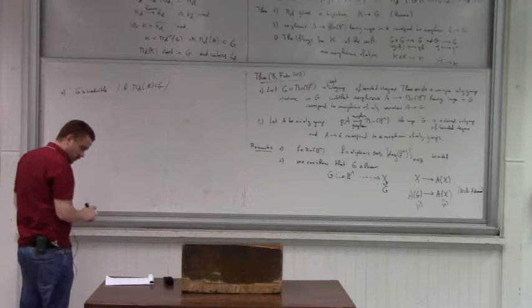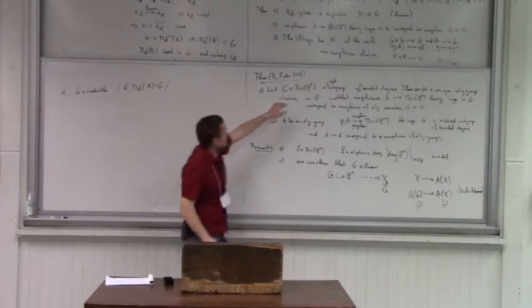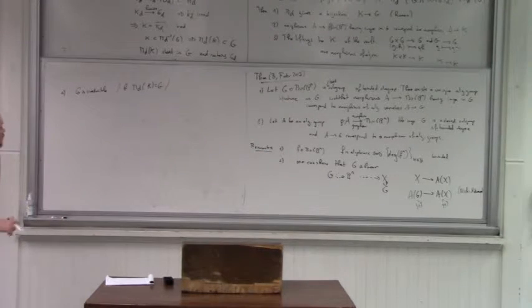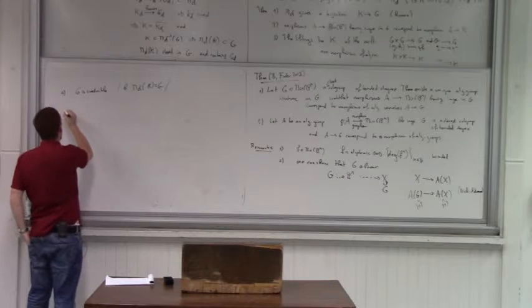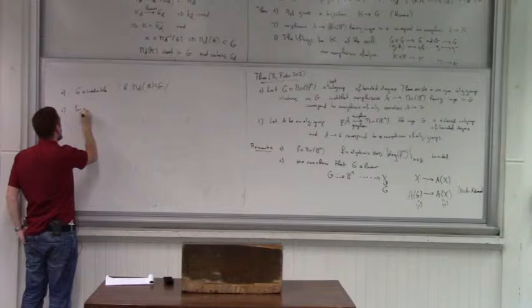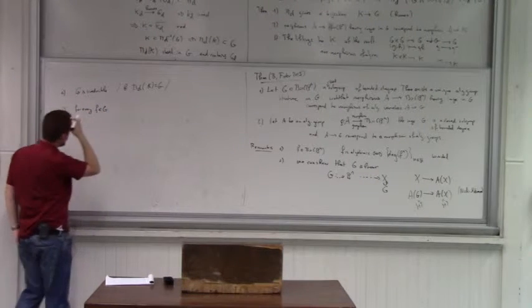And now comes the part where we need to do something about this group, because for the moment we did nothing about this. So I want to say that for every f in G, I take an element.